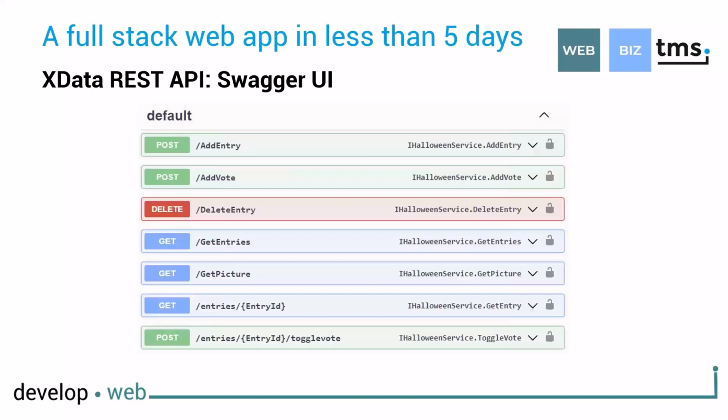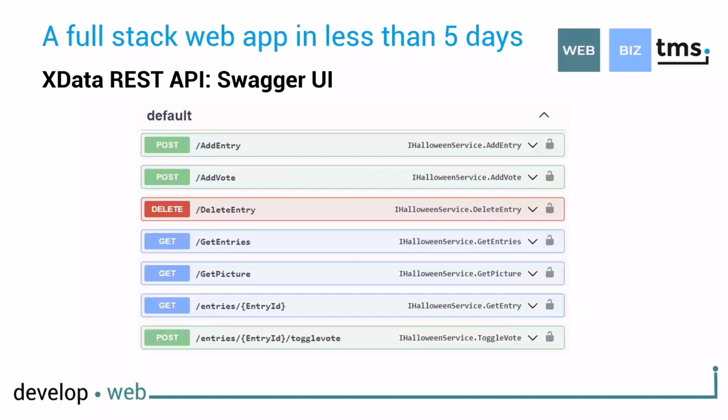Delete entry is the endpoint for the admins to delete some submission. Get entries is an endpoint for retrieving submissions, retrieving them page by page with a specific number of items you can specify to request.